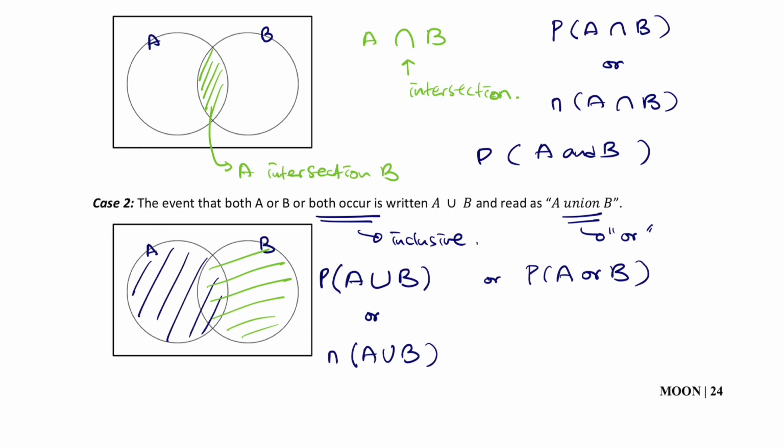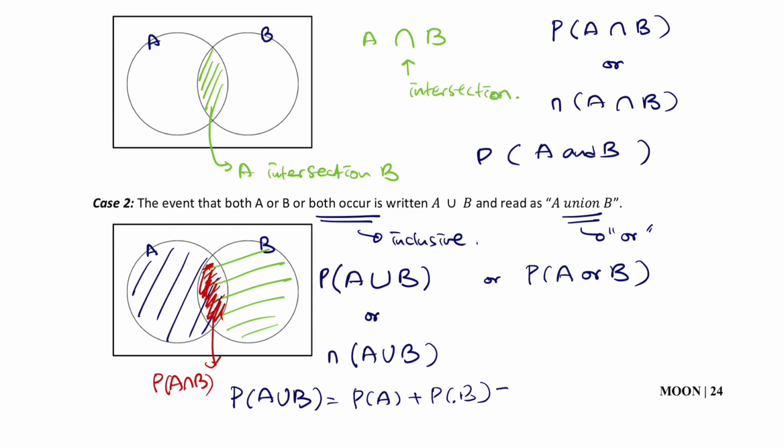Okay, and there is also a formula that we can use to calculate this case. Probability of A union B is the same as probability of A plus probability of B, and since we are adding two events that can occur at the same time, there can be an overlapping part, right, which is this part, or it can be identified as P of A intersection B. So we have to subtract that extra intersecting part.